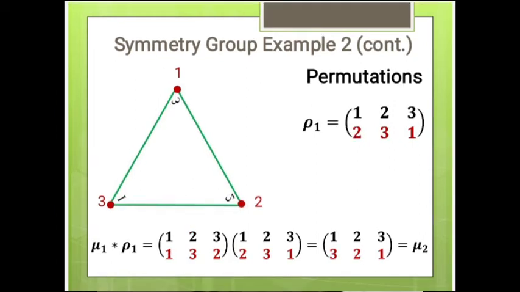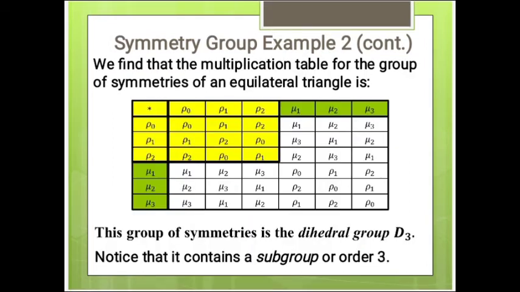And in this one, using rho sub 1, we multiplied it by mu sub 1: 1, 2, 3 to 1, 3, 2, and 1, 2, 3 to 2, 3, 1. It becomes 1, 2, 3 to 3, 2, 1. It is mu sub 2.